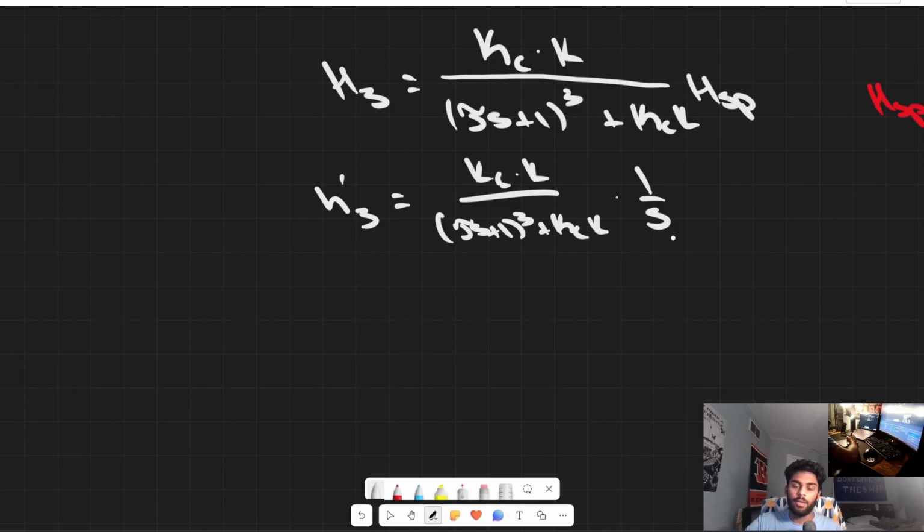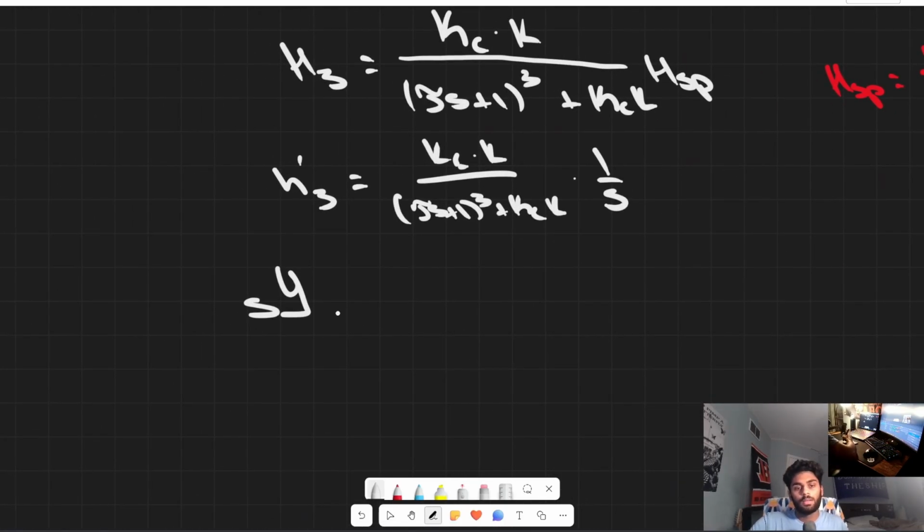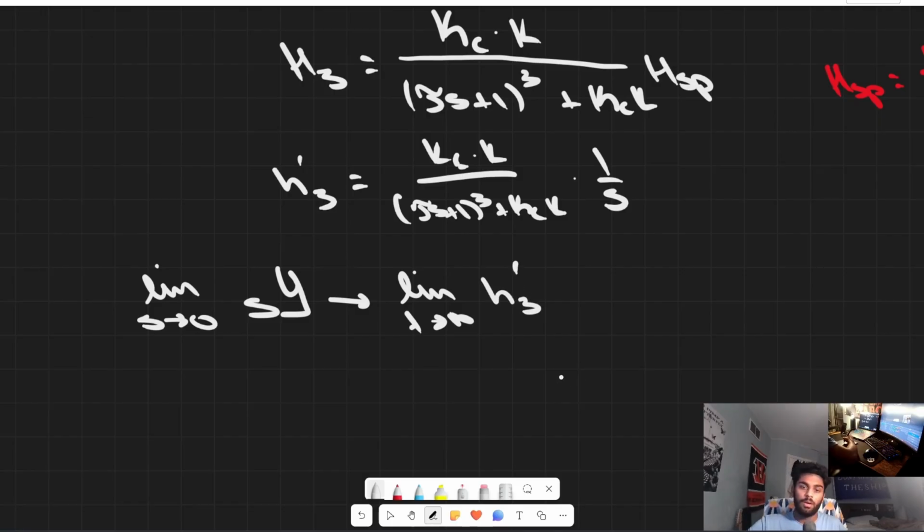Let's just bring this s over to here, and define this as my Y. I'm going to make this a bit more symbolic. What we're saying is that if we take the limit as s approaches 0 of this, that's going to give us the limit as t approaches infinity of our deviation variable for tank 3.